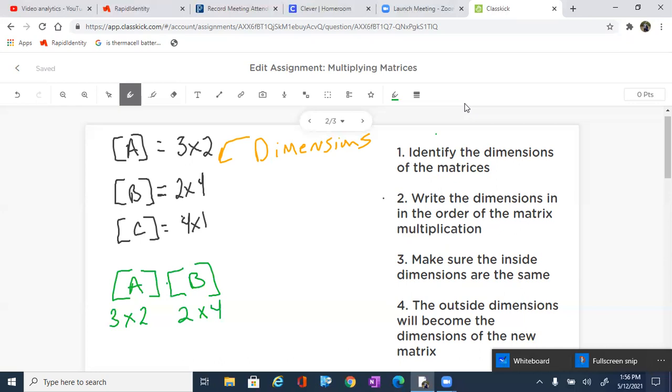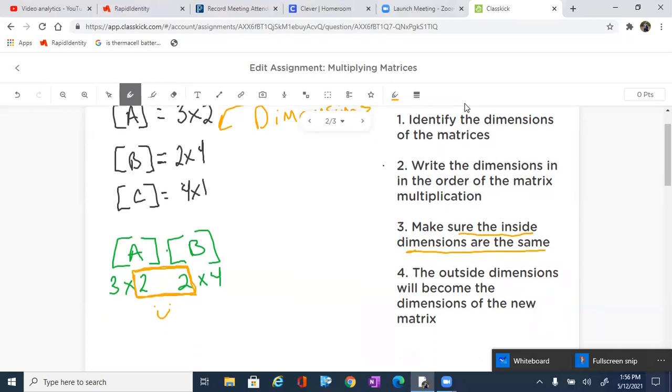Once I've got that set, the next step is to make sure the inside dimensions are the same. You'll notice that the two in the inside of these dimensions are exactly the same, and what that means is we can multiply them.